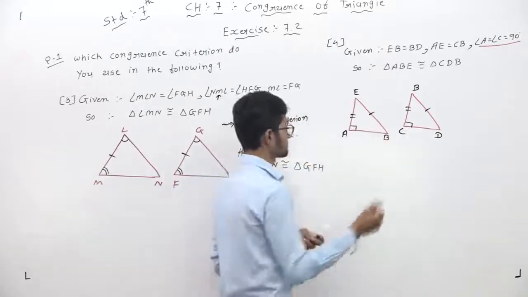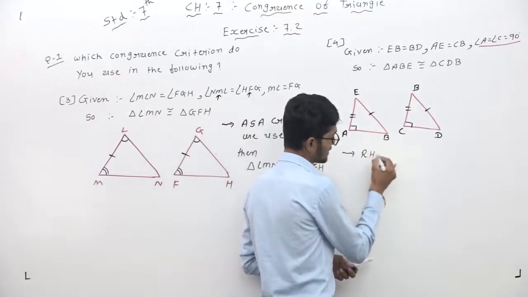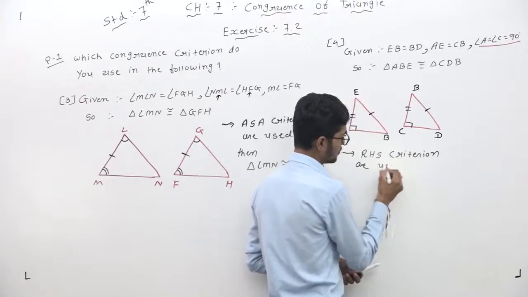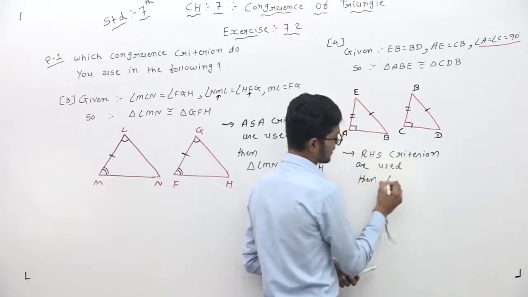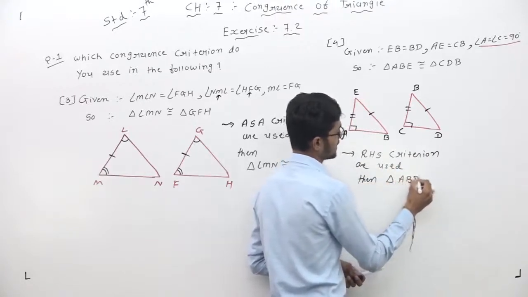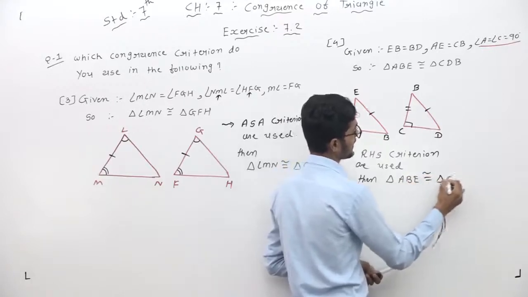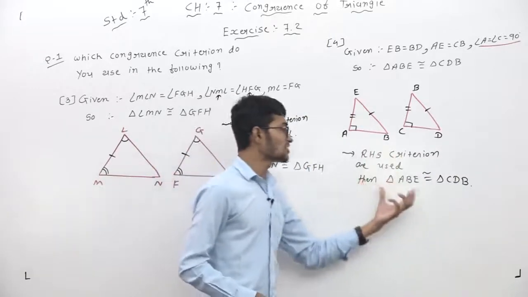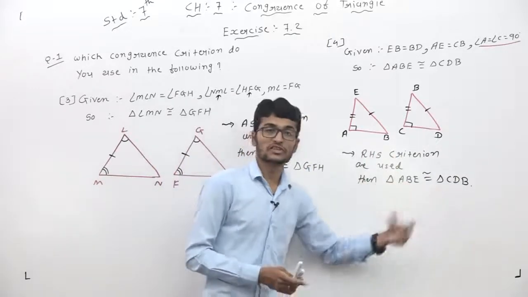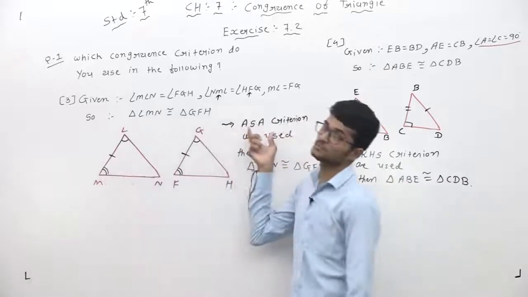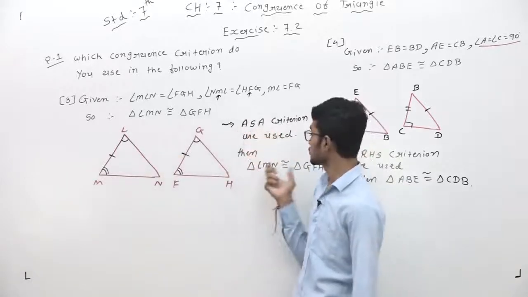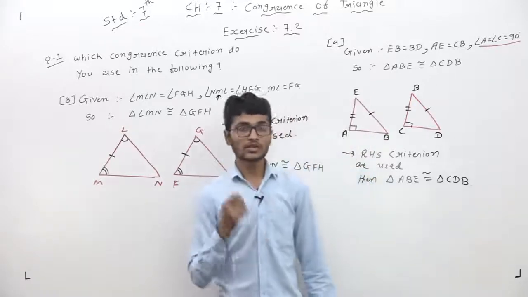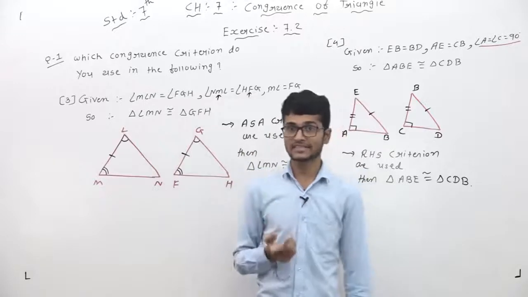So write down RHS criterion is used. Then triangle ABE is congruent to triangle CDB. With this criterion these two triangles are congruent to each other. And in the previous question, ASA criterion is used and those two triangles are congruent. So understand students, how to find the criterion used? Any questions? Clear?